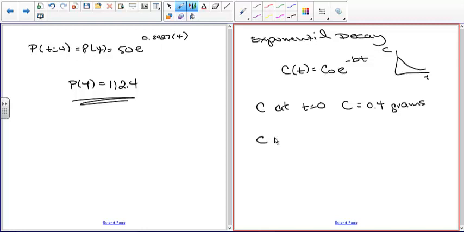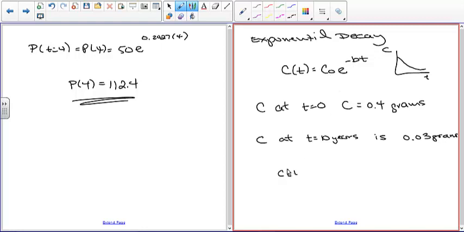And c at t equals 10 years is 0.03 grams. Okay. So from those two pieces of information, we can find C0 and b again.